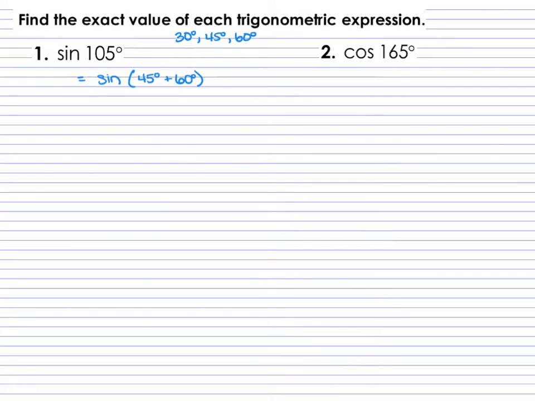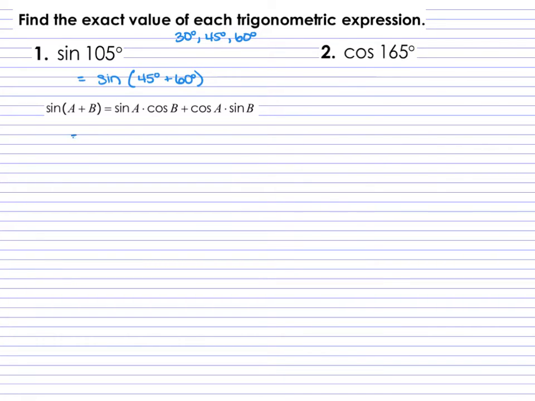From here, I'm going to use that formula from the slide before to solve this problem. When I'm trying to find the sine of an angle that I can compose of two different angles, I'm going to use this equation: the sine of A plus B equals the sine of A times the cosine of B plus the cosine of A times the sine of B. So I'm just going to plug these in.